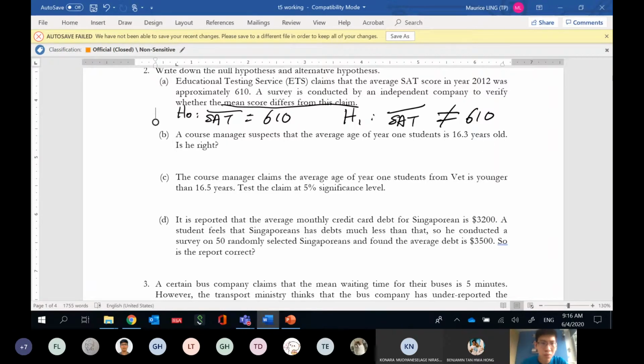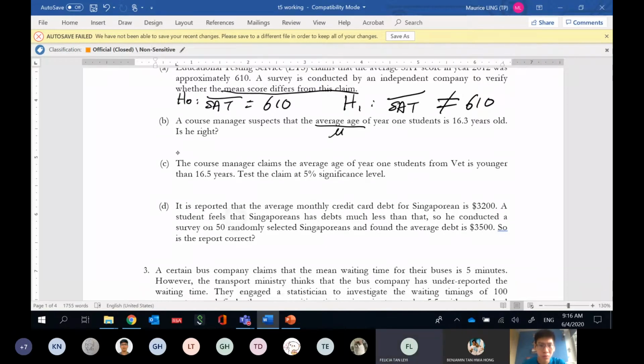Okay. So 2B, let's have Felicia. The null hypothesis is mu equals 16.3, and the alternative is mu does not equal 16.3. Right. So you are saying that the mu is the average age, correct?